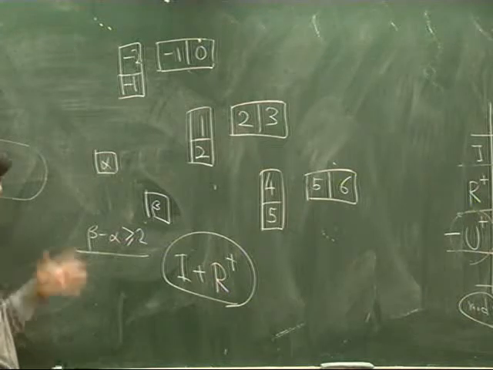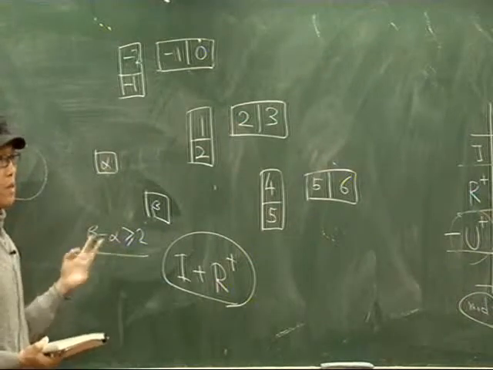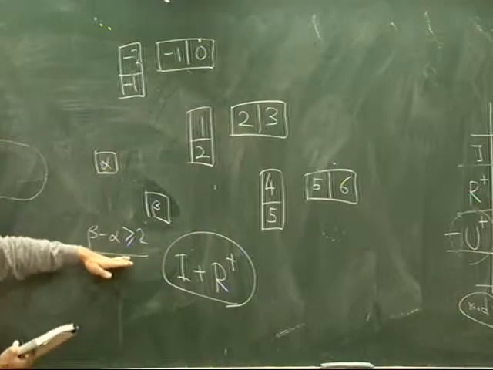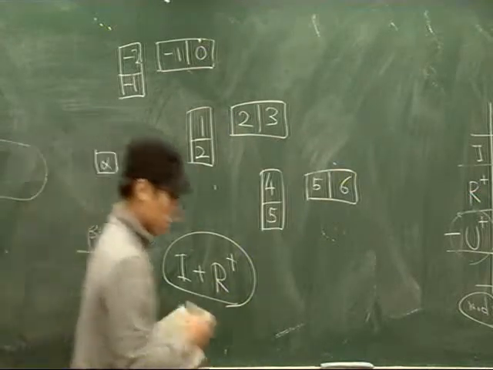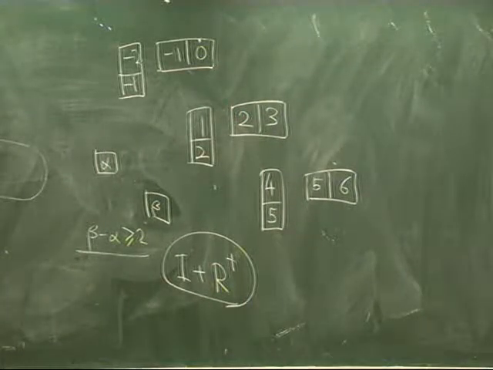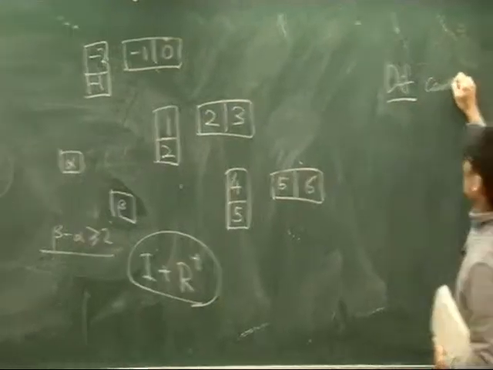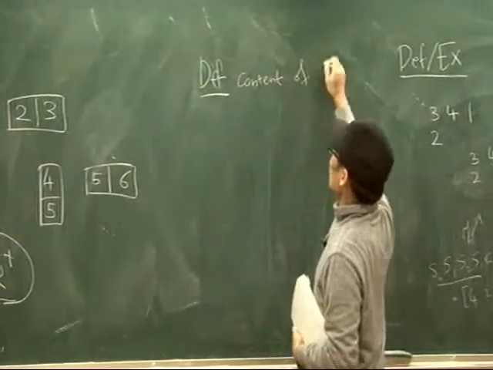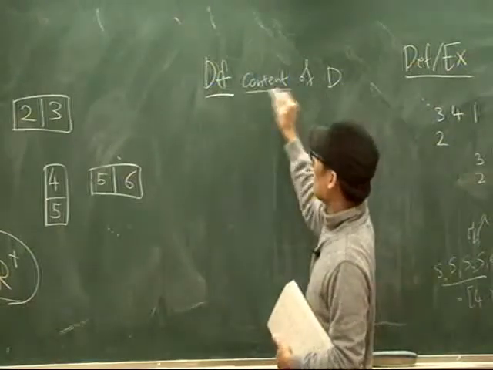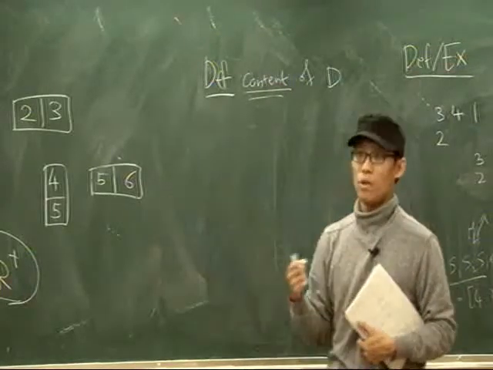And we call a numbering that satisfies these two conditions, consecutively increasing on each row and column and satisfying this condition, a content of the diagram. A content of a diagram is a numbering of boxes that satisfies these two conditions.